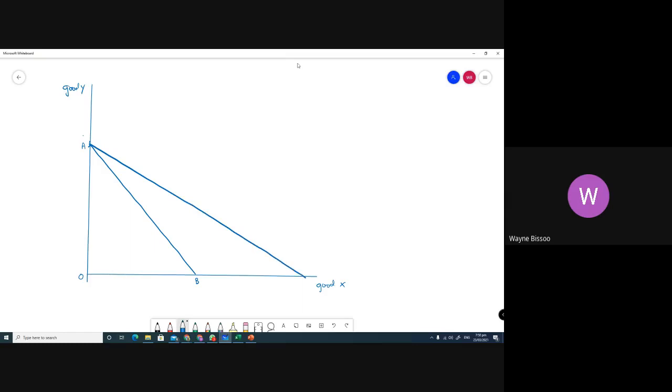All right, so now I'm going to call this AC. So the budget line pivoted in this direction about A from AB to AC. Yes? Make sense so far?